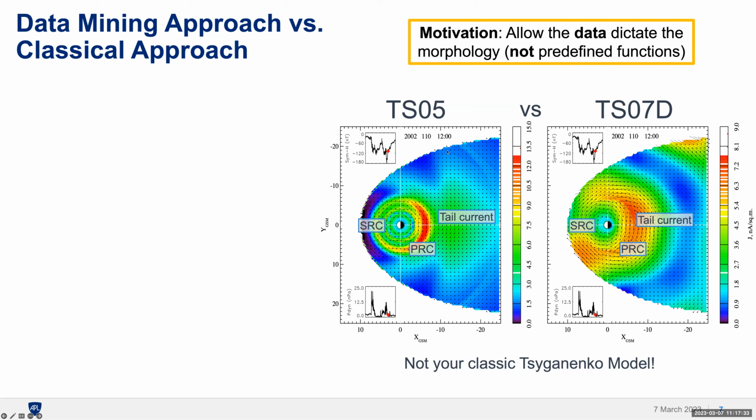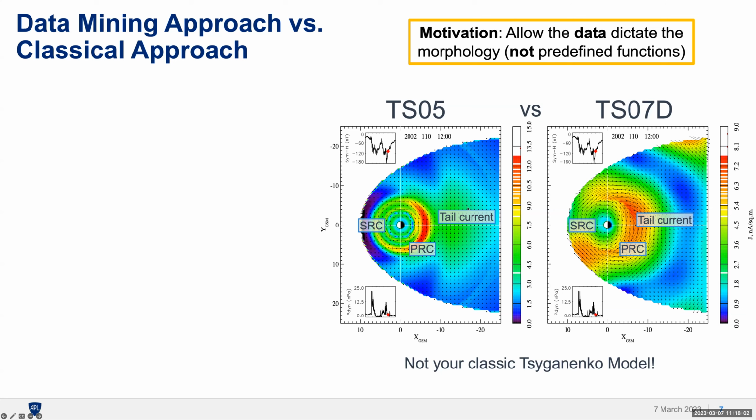The motivation behind this is to allow the data to dictate the morphology as well as its evolution in time, and not hand-built, ad hoc functions. In the classic approach, you take each of these current systems and try to figure out a way to describe that current system analytically, but that results in something very hand-built.